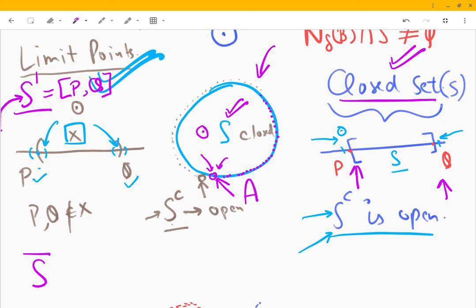It is the set of all points whose neighborhood contains even a single element from the set. So if the neighborhood contains even a single element of a set, then it will be a part of the closure of that set.